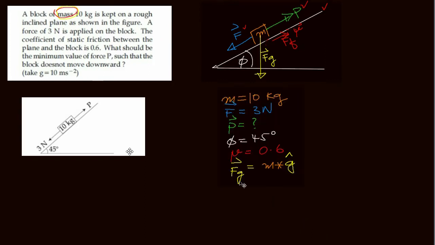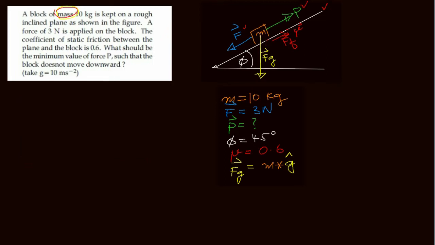Next step, let me write down all the variables. All right, and let me remove this picture because we don't need it anymore. So all important variables here I have written: mass, force, P is an unknown.